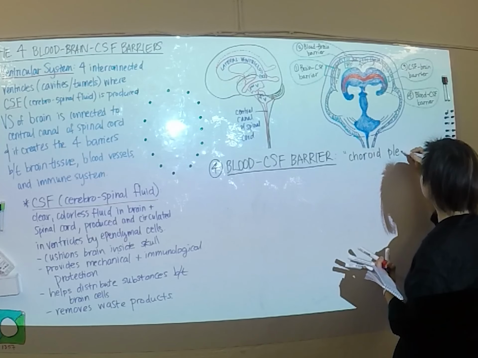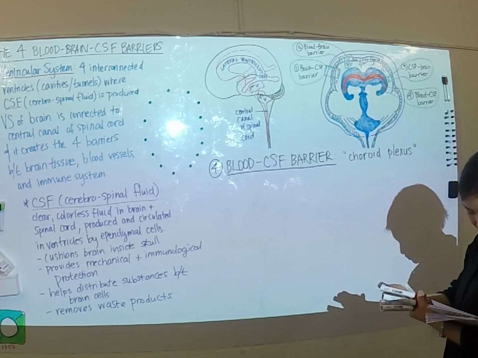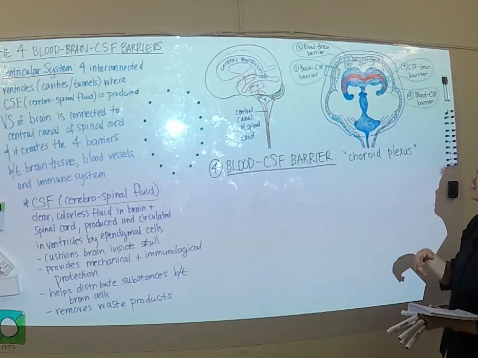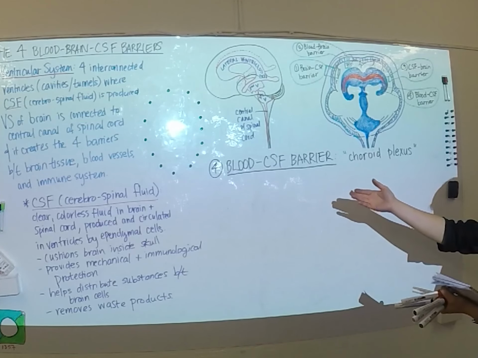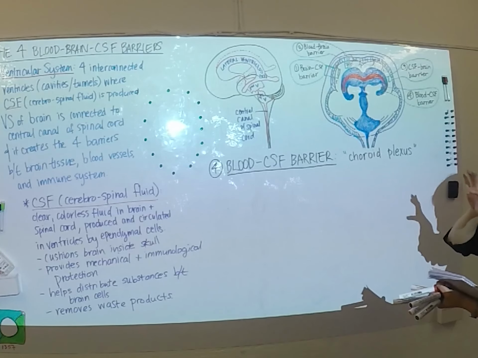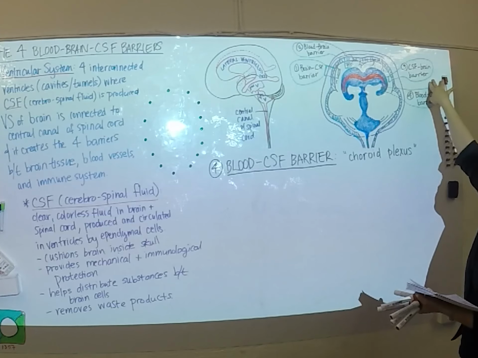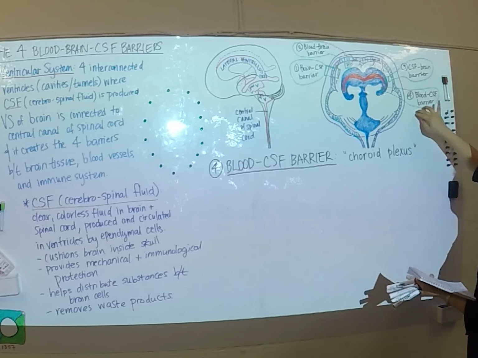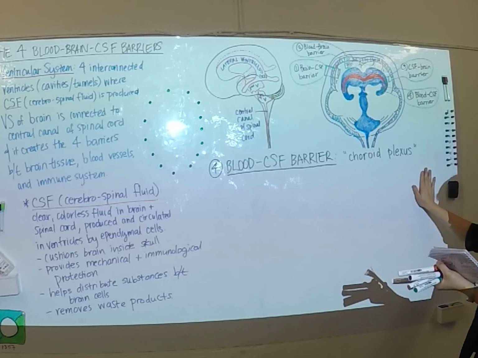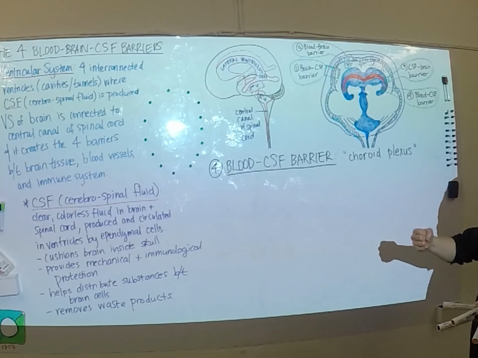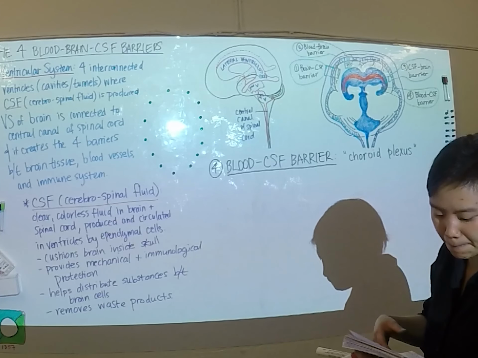Okay, so the choroid plexus separates blood from CSF, and part of it separates the CSF from the brain tissue. So part of it also makes the CSF brain barrier. So the choroid plexus is actually a little bit of both of these, and it restricts the passage of stuff from blood into the brain, okay?